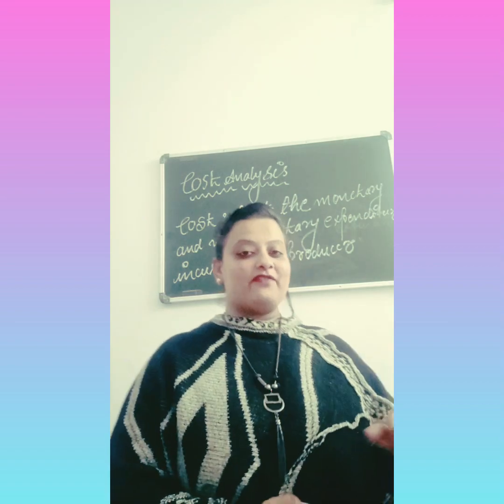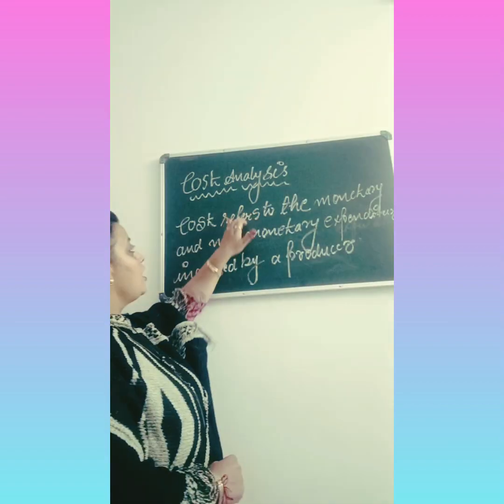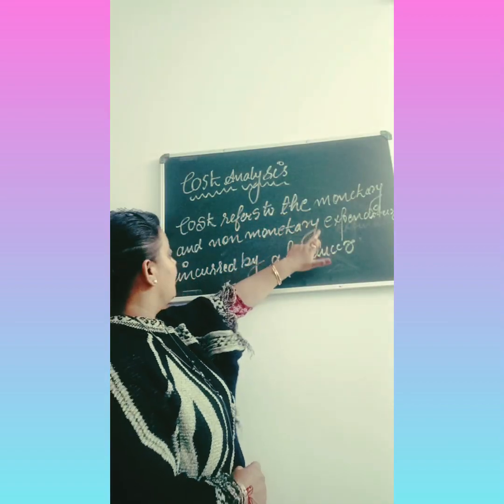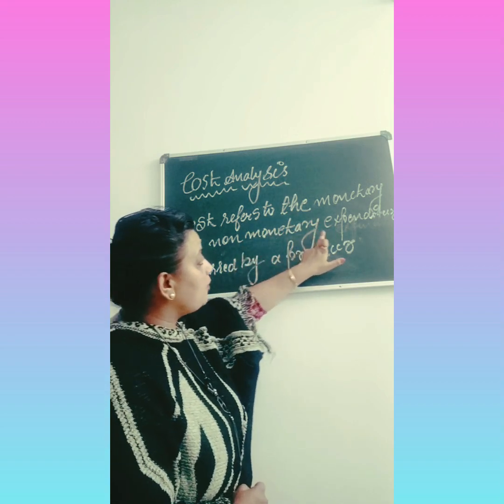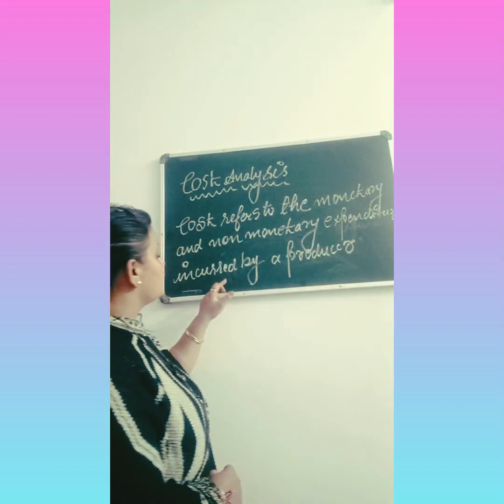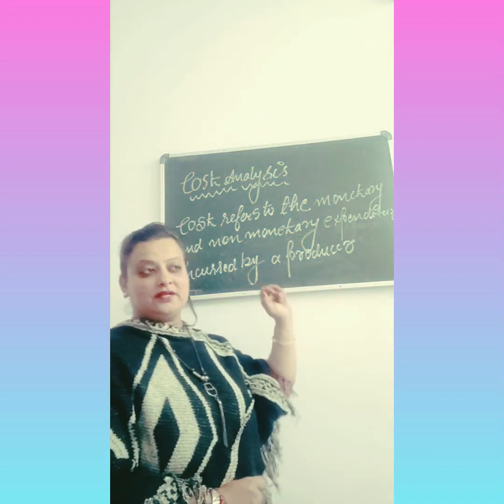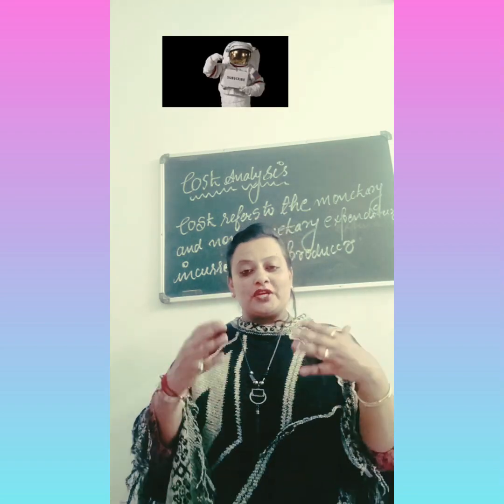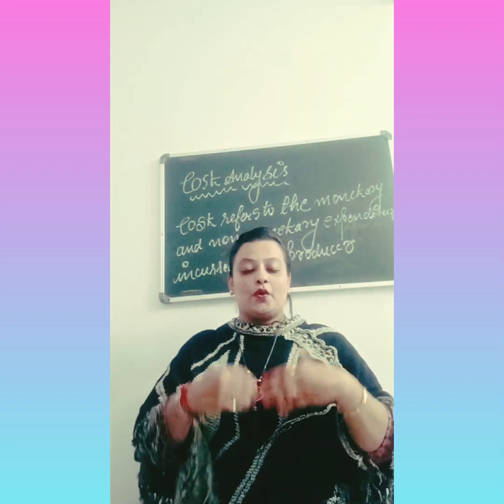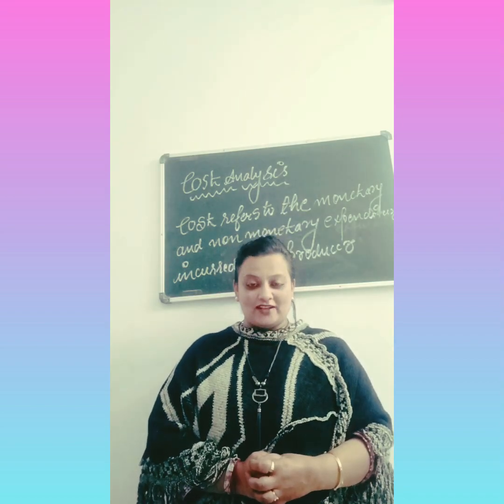Cost, simply we can say, refers to the monetary and non-monetary expenditure incurred by a producer. For example, if I want to open a business or a startup, the kinds of direct costs and indirect costs incurred by that producer are known as the cost.